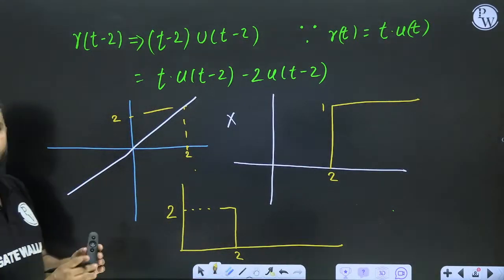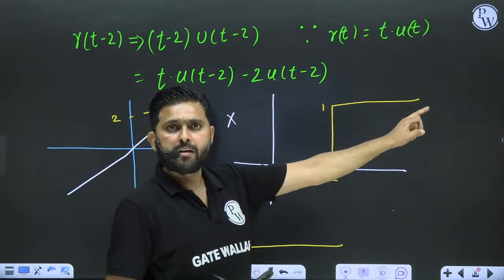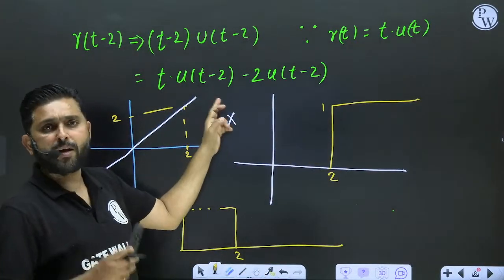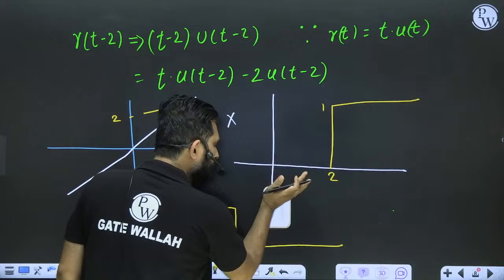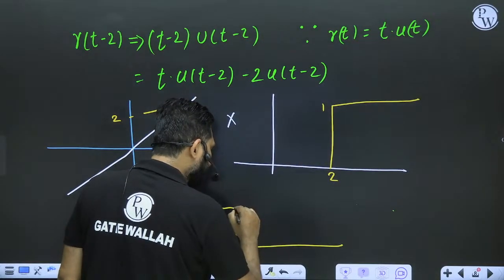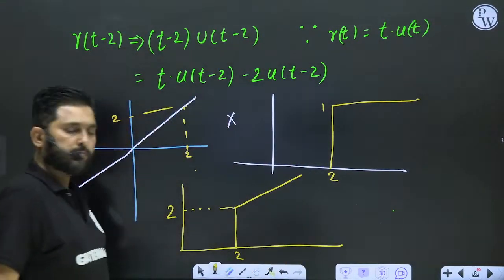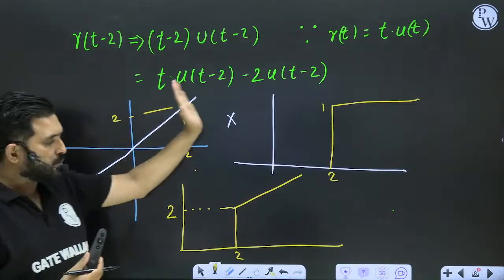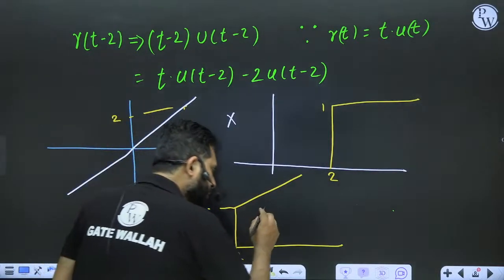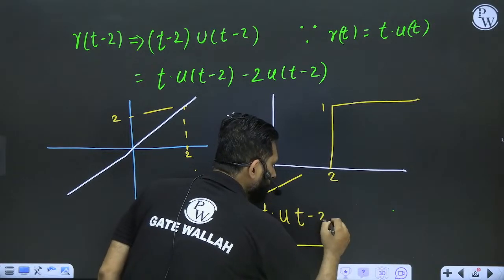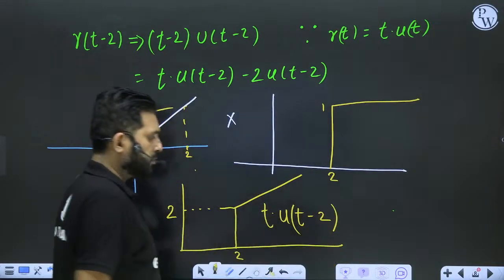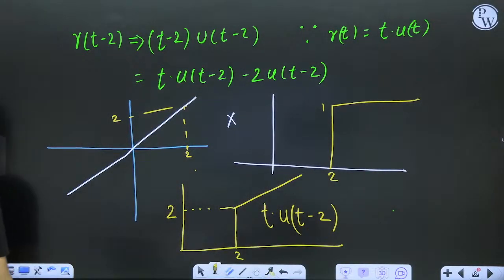And after that, this is constant 1 and multiplied by this function. 1 multiplied by any function, you get the same function back. This means that you will get this one. This is what t into u(t minus 2) is.